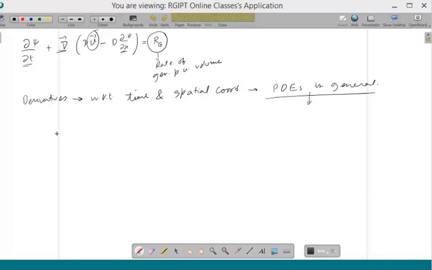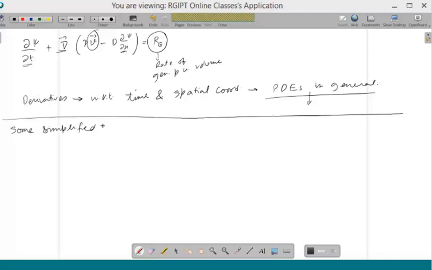So what are those simplified forms? One case would be the steady state case. Oftentimes you are interested in steady state behavior.